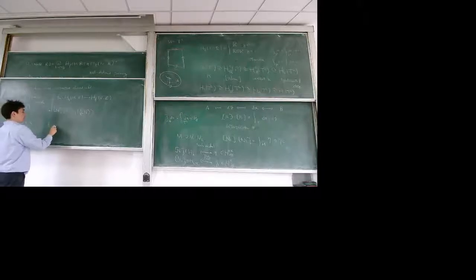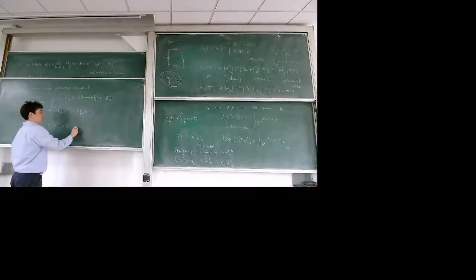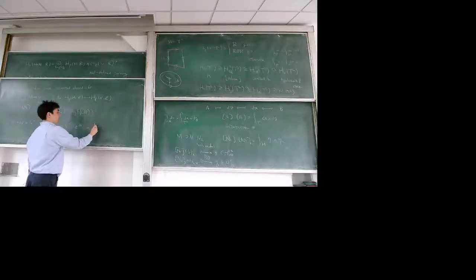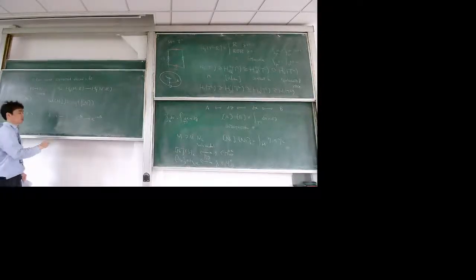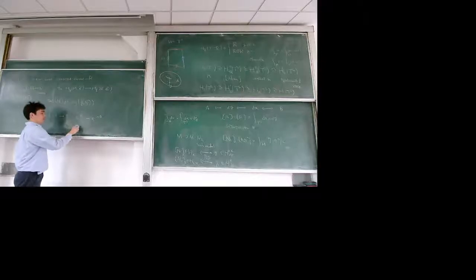For instance, if you start with S1, both M and N are S1. Let's consider the case M and N equal to S1, and consider the map f from S1 to S1 such that e^{iθ} is mapped to e^{inθ}. Do you understand what I mean? So the circle is mapped n times like this.